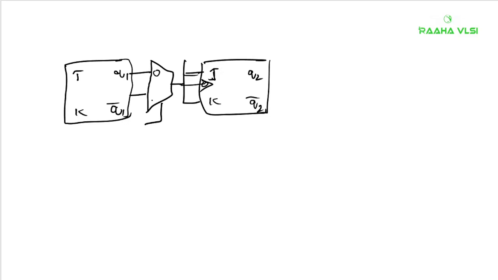So this is my 0, this is my 1. So this is my S. Now based on this value, we can do up counting also, we can do down counting also.